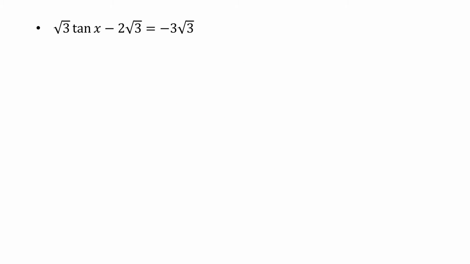Here it says root 3 tan x minus 2 root 3 equals negative 3 root 3. It doesn't give an interval, so we're just looking for the general solution. So we isolate tan: root 3 tan x is going to equal negative 3 root 3 plus 2 root 3.